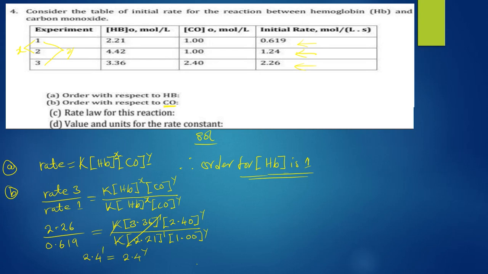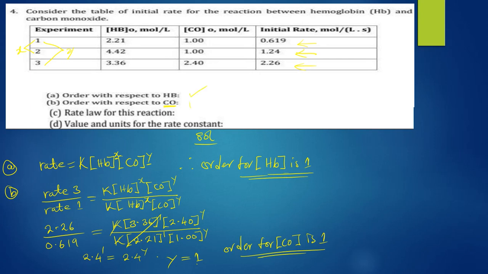So here the power is 1. So therefore our y is the same as 1. So for B, the order for carbon monoxide is 1 as well.